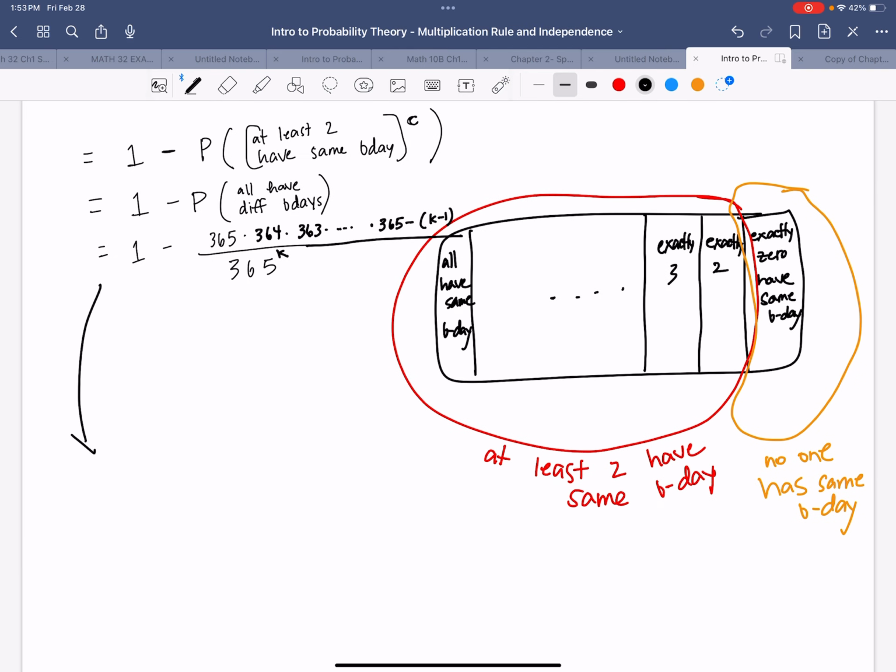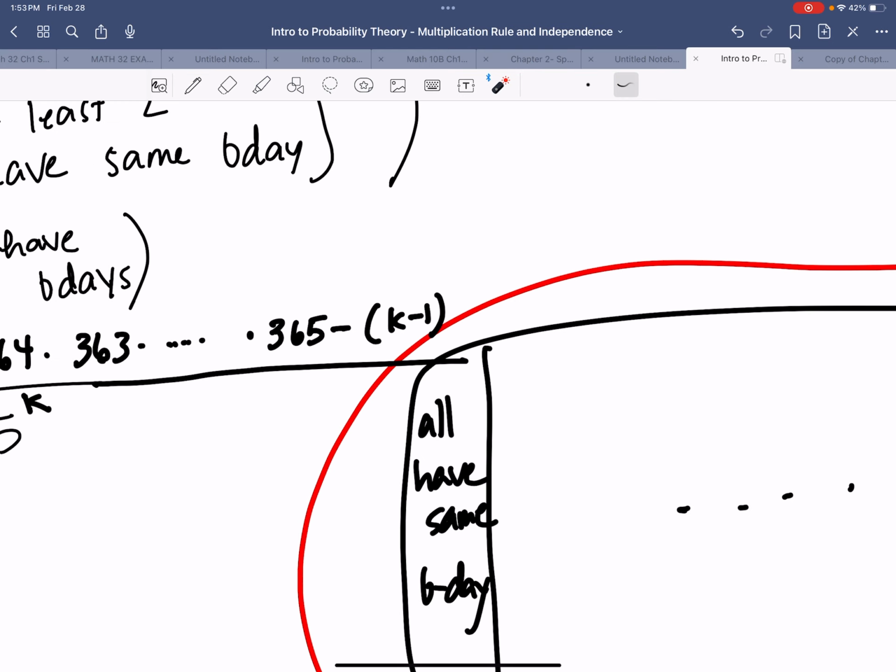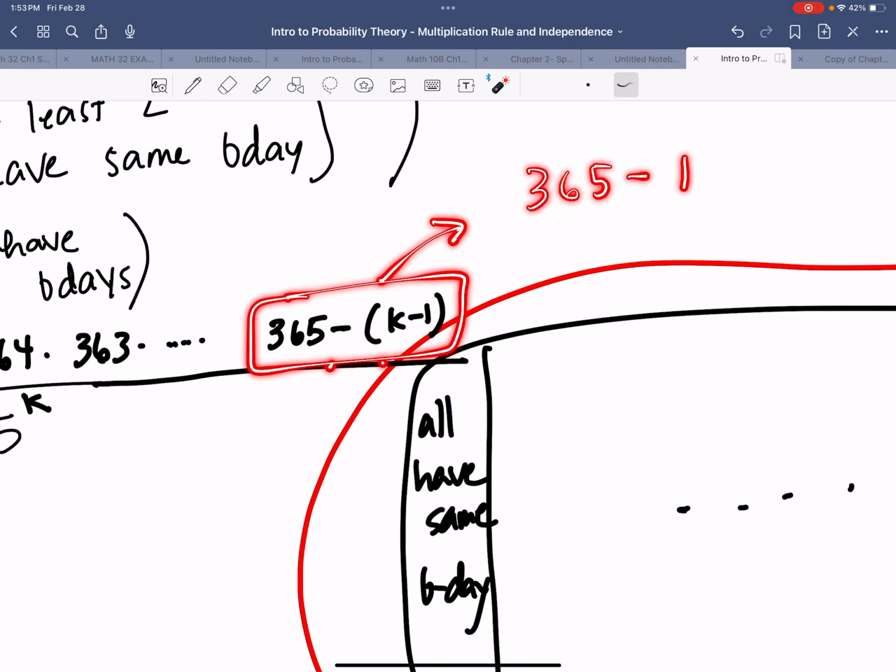So let's put it all together here. The denominator will have 365 to the k, and in the numerator it'll be 365 times 364 times 363, 362, and you keep going all the way till you get to 366 minus k. Because 365 minus k minus 1 is the same as 365 minus k plus 1, which is the same as 366 minus k.